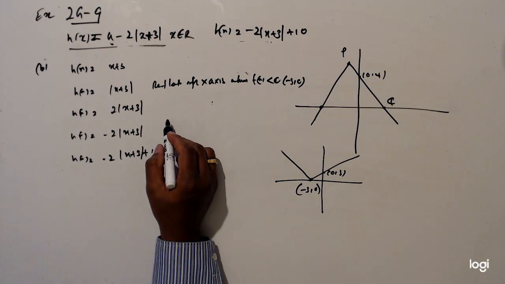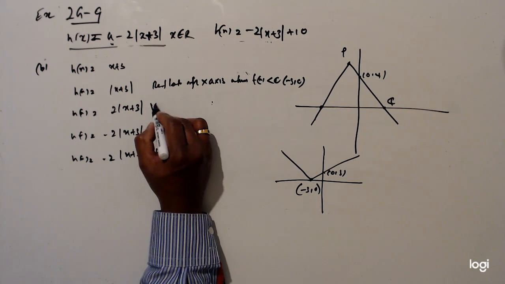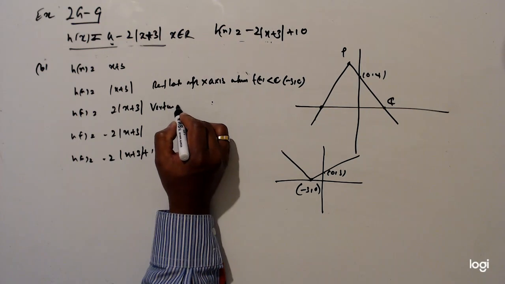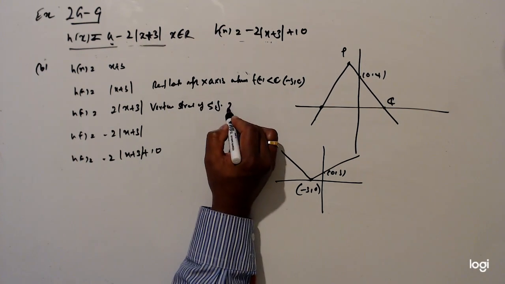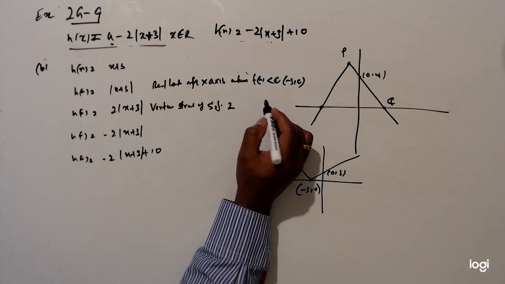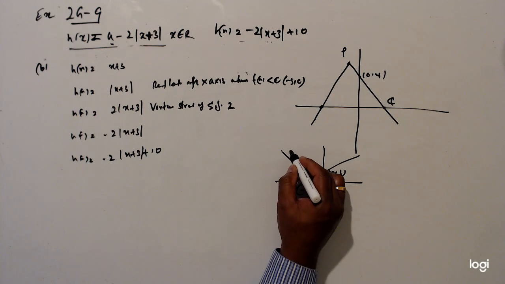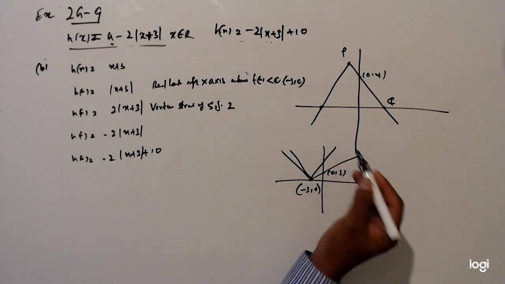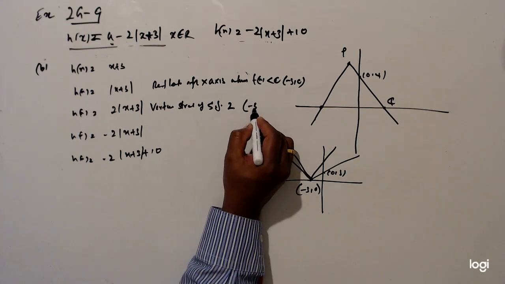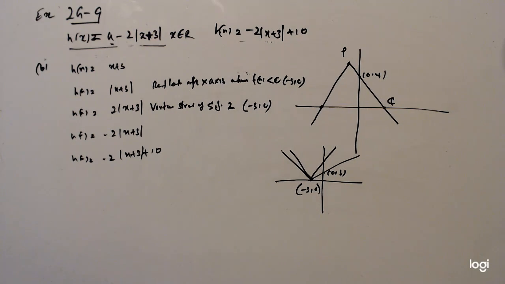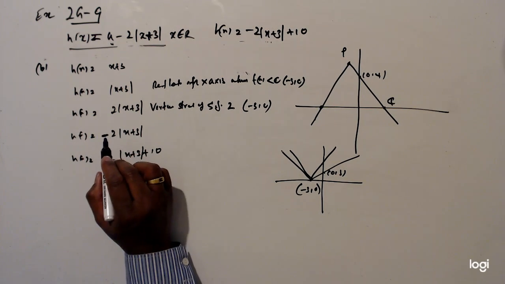Then this is a vertical stretch, scale factor 2. Then something like this. Then with the scale factor, still the point is minus 3, 0. Then this is minus.